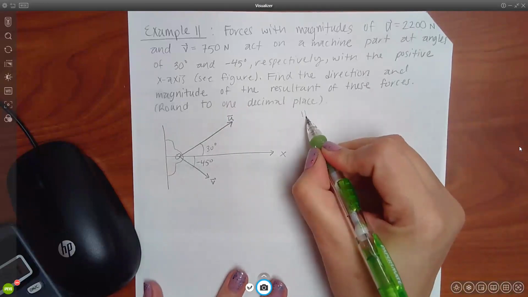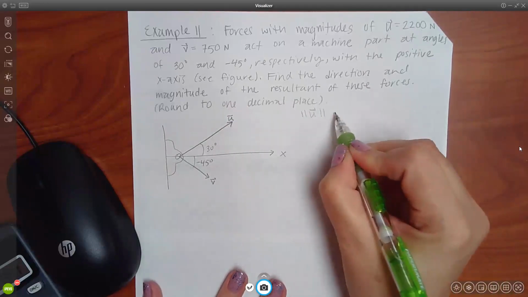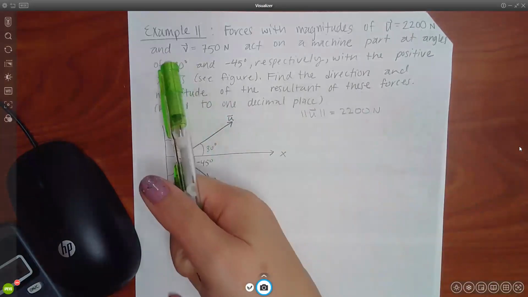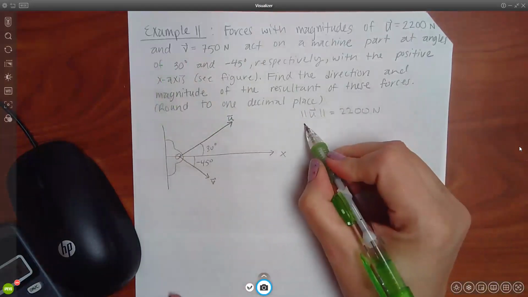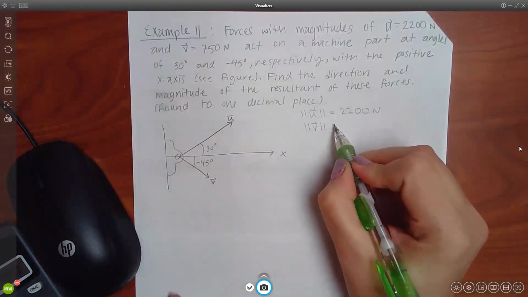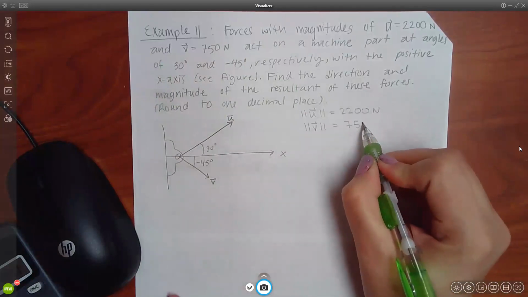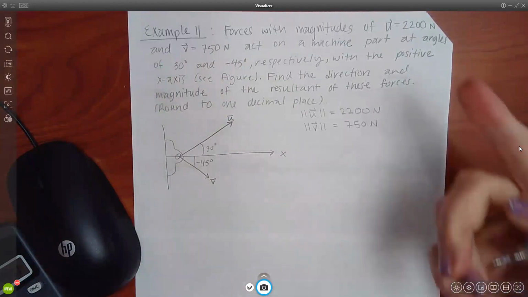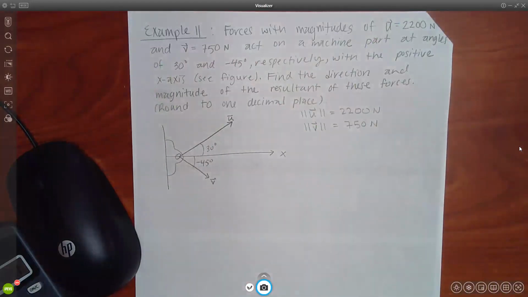So that actually means the magnitude of U is the 2200 newtons, okay? Then it says, and the magnitude of V is going to be 750 newtons, okay? It used it in words, but I'm just putting it in symbols, okay? So it did tell you that those magnitudes were this and this respectively, okay?